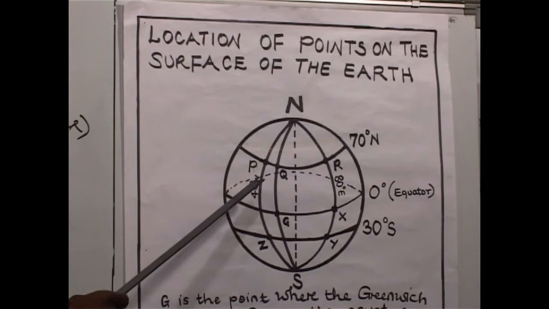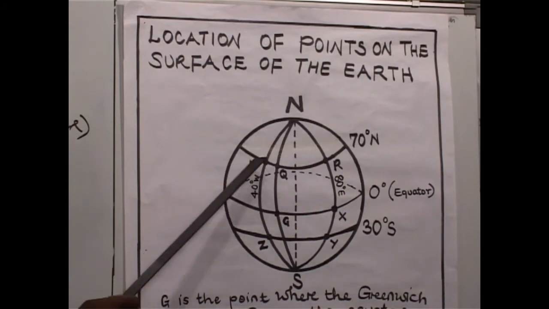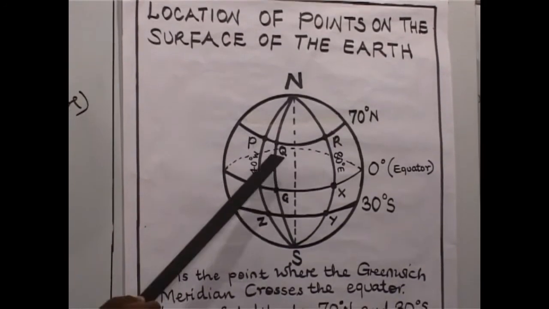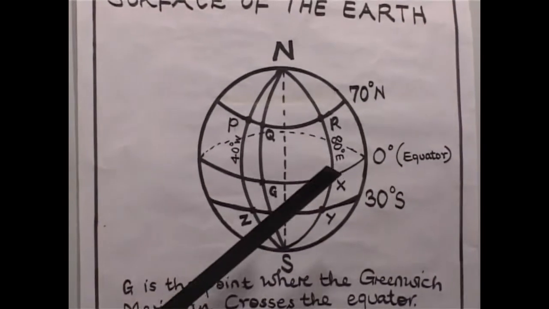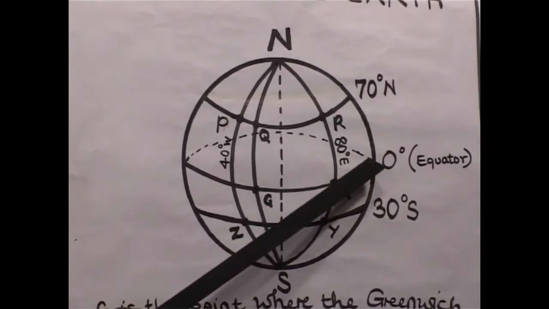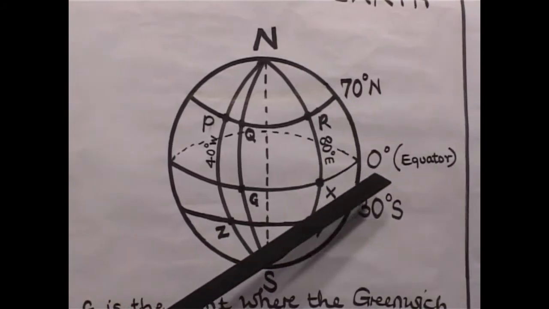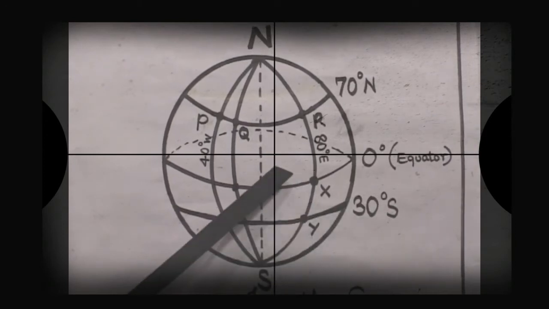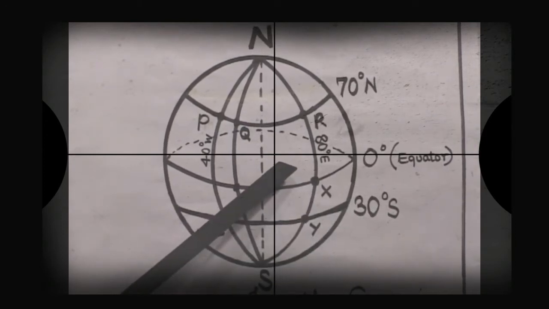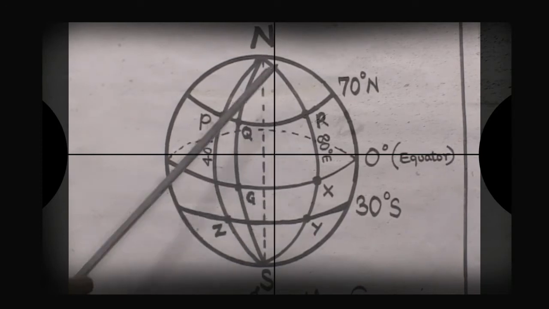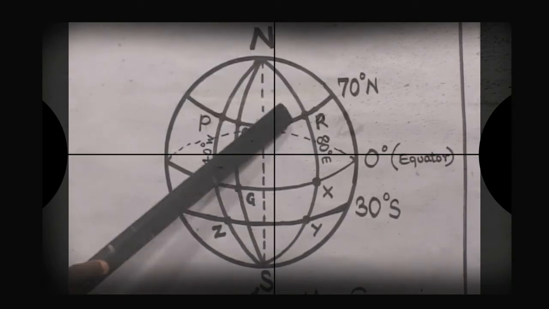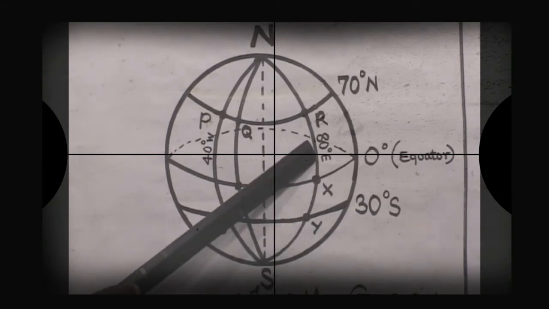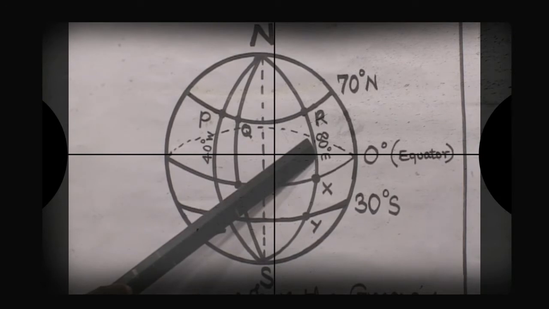Now, you can see that we have imaginary lines. These are the latitude 70 degrees north, which is measured from the equator, and we have 30 degrees south latitude, which is also measured from the equator. We also have the longitude NRXYS, which is longitude 80 degrees east.